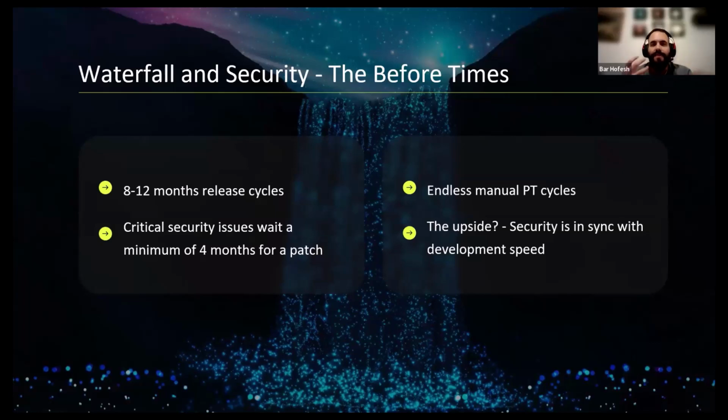It took a lot of time for each new product to come out to the market. This is because most of those things worked with a waterfall, not a continuous release cycle like we're used to today. So waterfall basically means release cycles of every 8 to 12 months.